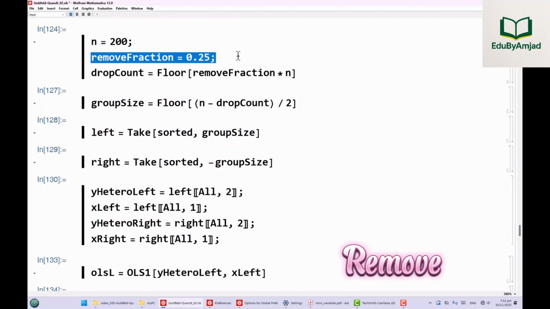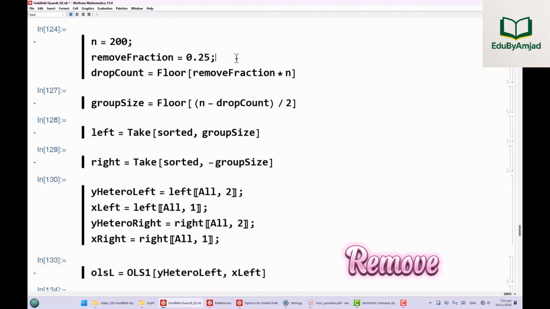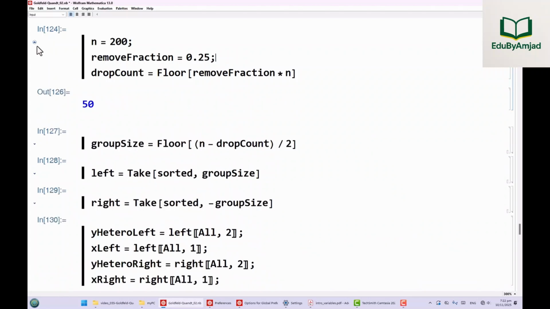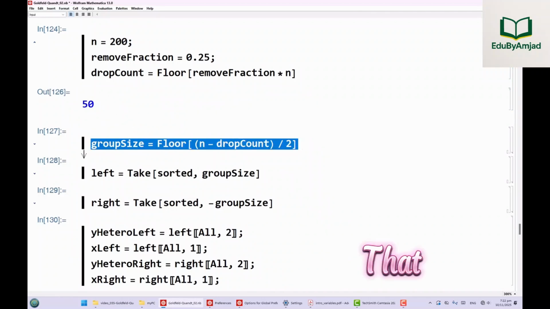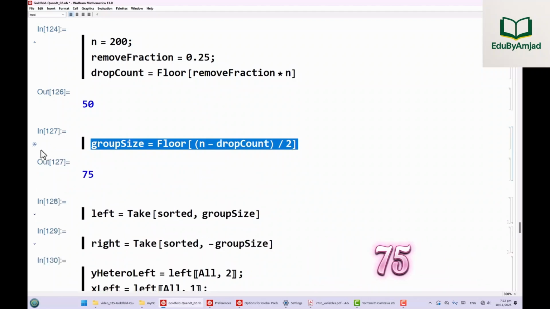Next, we remove a fraction of observations from the middle part of the data. Let's remove 25%, that's 50 observations. That leaves us with 150 observations in 2 groups of 75 each.